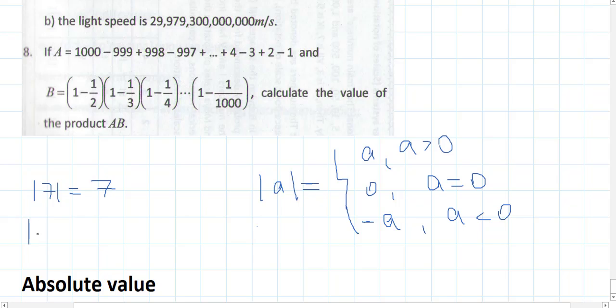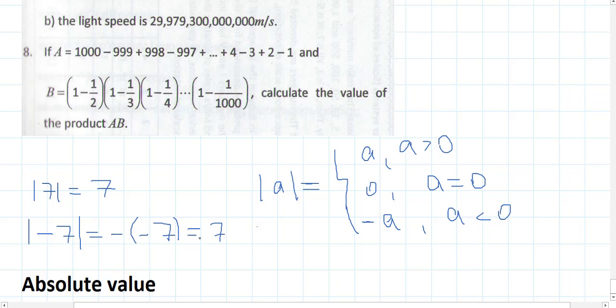And let's write the absolute value of minus 7. So here what we have, A is less than 0 because our A is minus 7, and it should be minus A. So minus minus 7. So it is 7 again. So what we can conclude from this statement, absolute value is always non-negative.